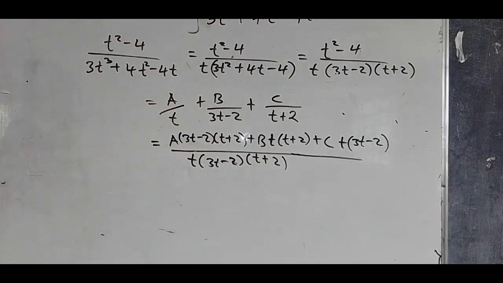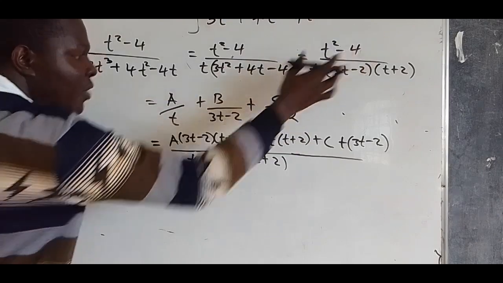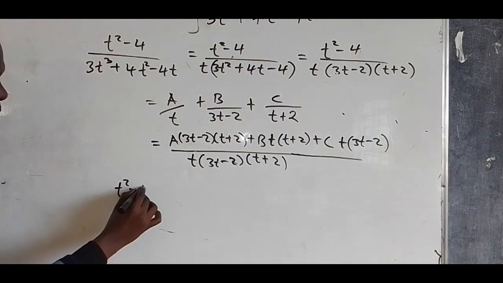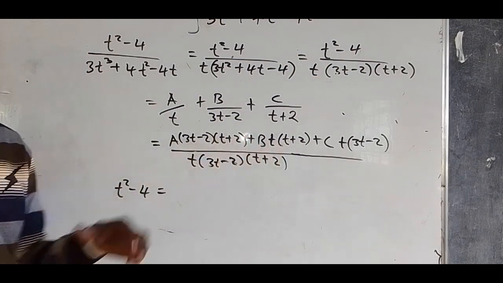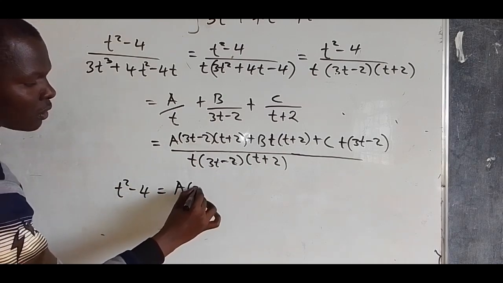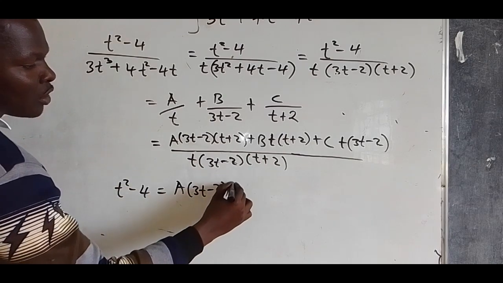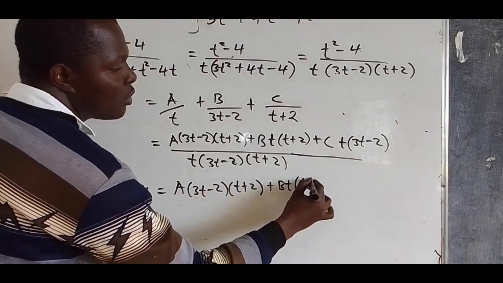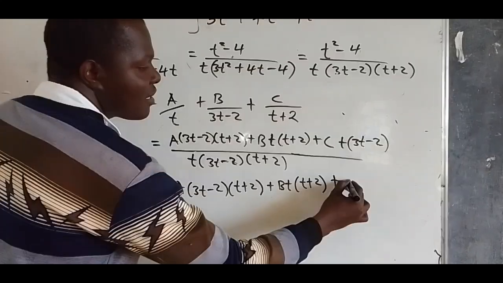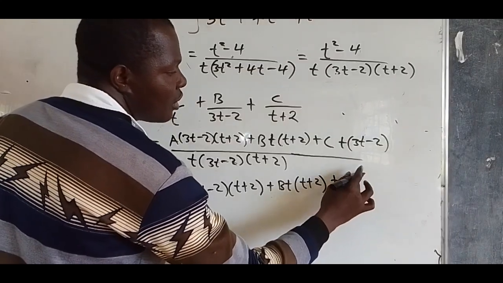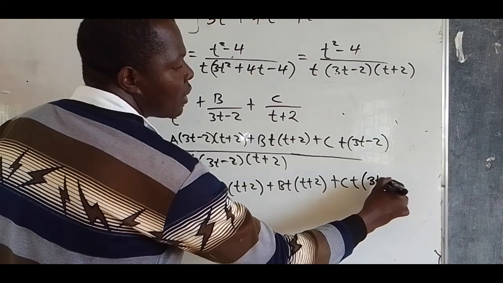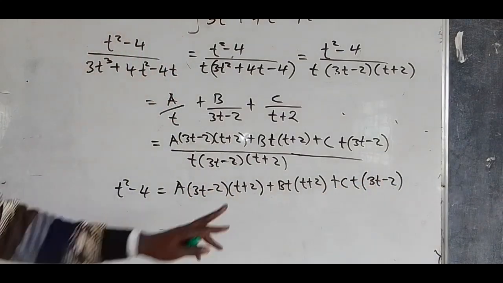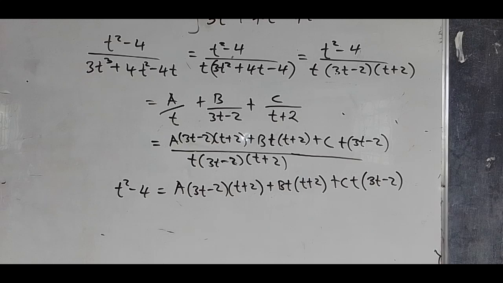So our numerator, t squared minus 4, must be the same as A into 3t minus 2 into t plus 2, then plus Bt into t plus 2, then plus Ct into 3t minus 2. So you have compared the numerator. After comparing the numerator, what do we do?